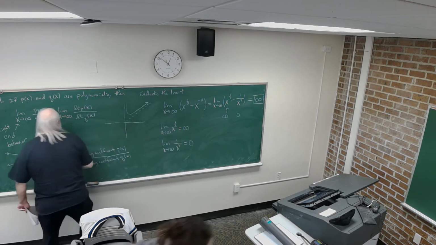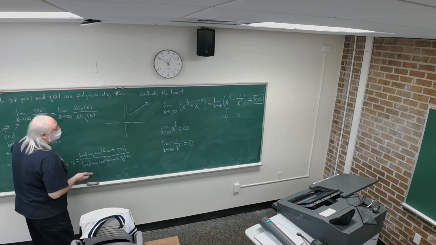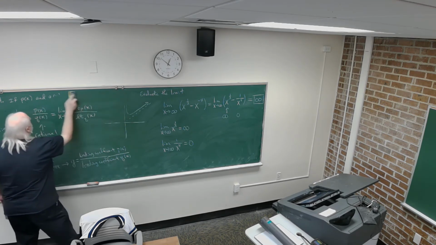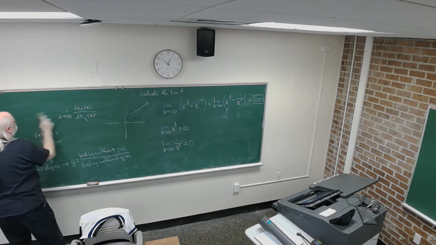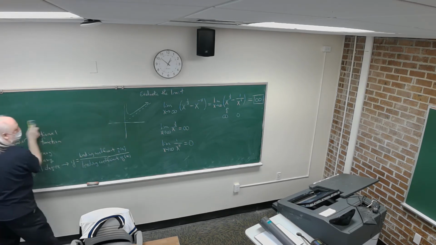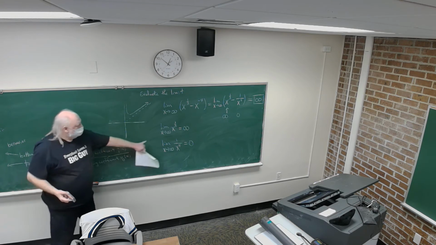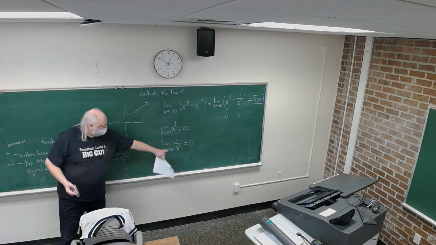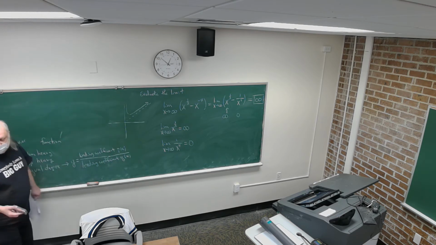So wait, I thought at first we said it's approaching 0. 1 over x to the 4th is approaching 0, not the whole thing. That makes more sense. Yeah, that's what I wrote down here. x to the 1/3 is increasing without bound, and 1 over x to the 4th is going to 0.